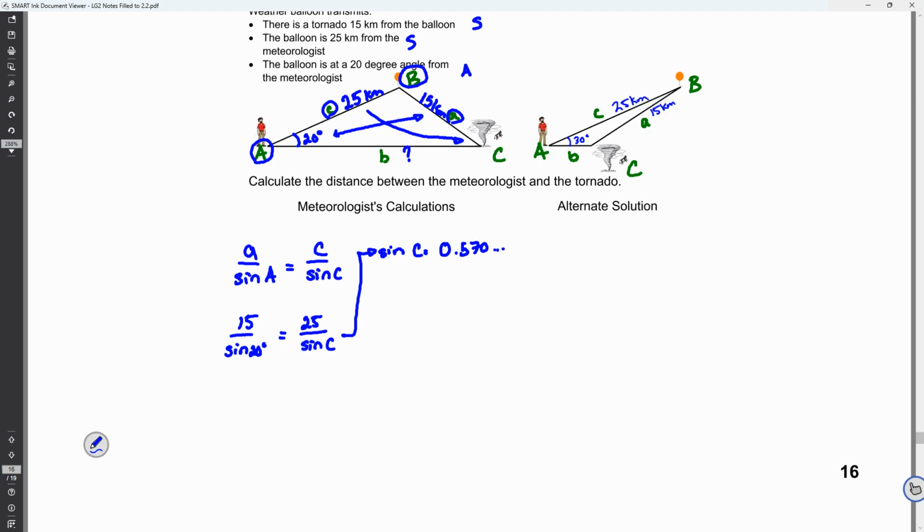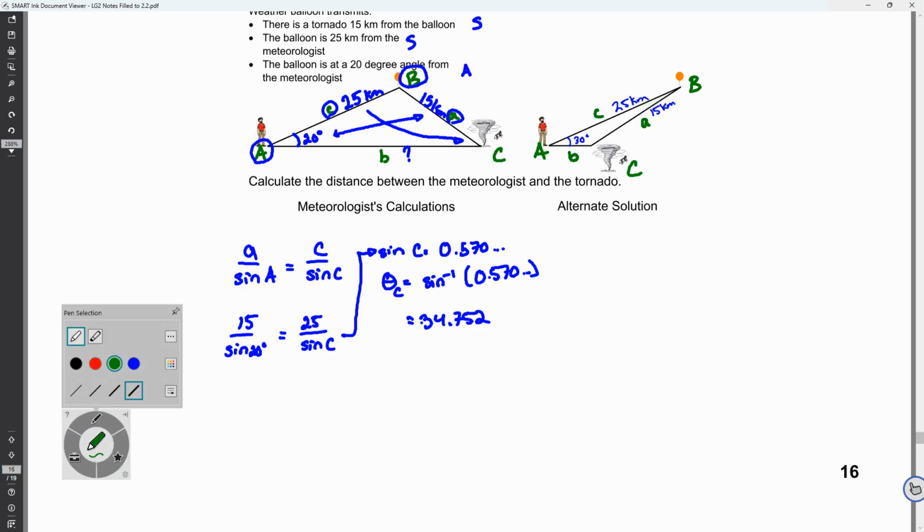If I use the inverse sine, I know that my angle C is going to be the inverse sine of 0.570, which is equal to about 34.752.